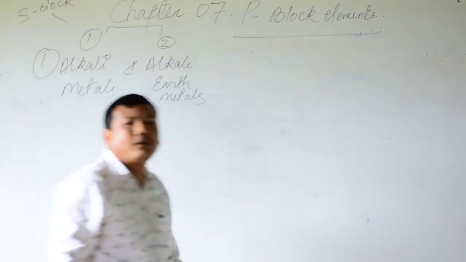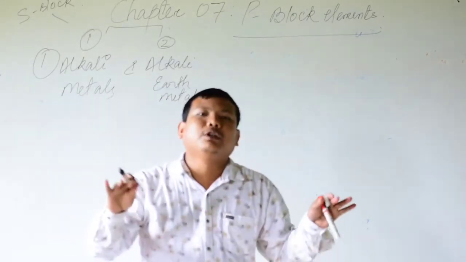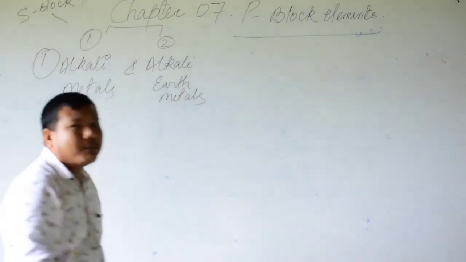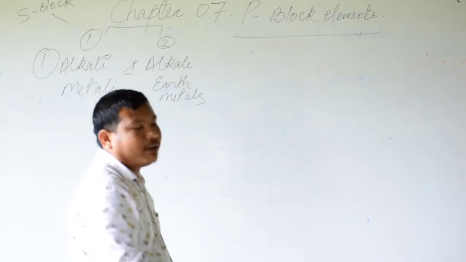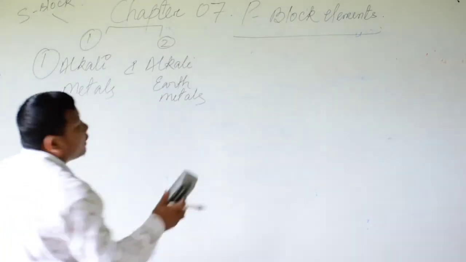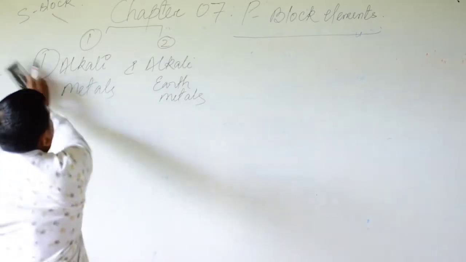In these P block elements, I'll be teaching you first of all how to make the periodic table according to the atomic number and its size configuration. So let me start with how to make the periodic table of P block elements.